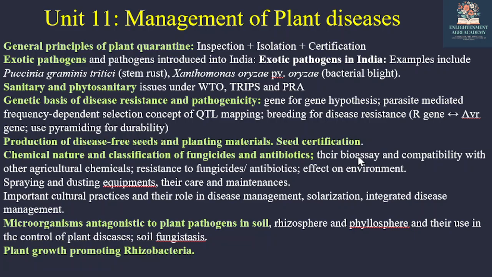That means not killing, but only making them inactive. So that's why it is fungistatic. Plant growth promoting rhizobacteria also play an important role, and research is needed on plant growth promoting rhizobacteria for the control of diseases.